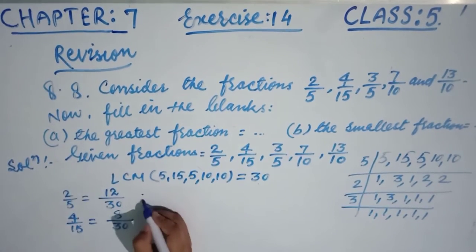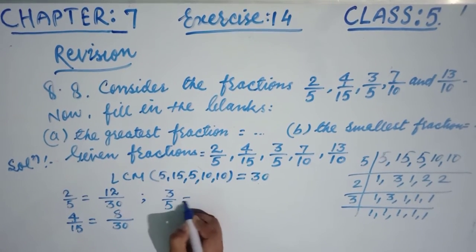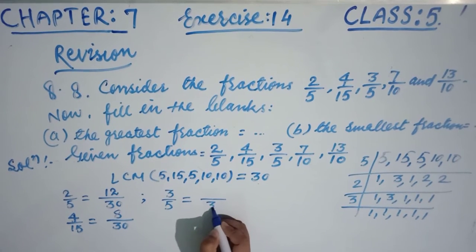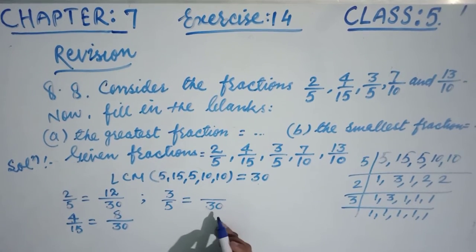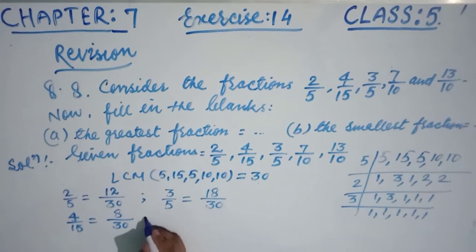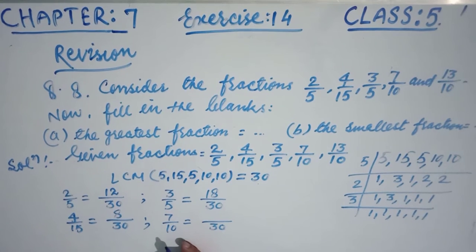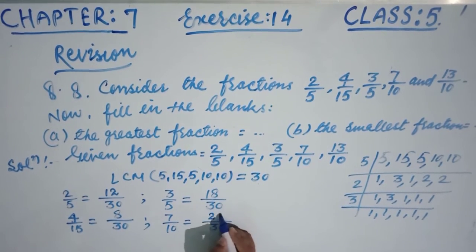Now see, friends, for 3 by 5, 3 by 5 can be written with the equal denominator 30. Now divide this 30 by 5, 5 sixes are 30, so 6, friends. 6 multiplied by 3, 6 threes are 18. Now for 7 by 10, friends, write the same denominator 30, and divide this 30 by 10 and we will get 3, and 3 multiplied by 7, 3 sevens are 21.